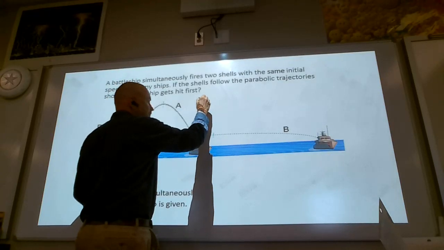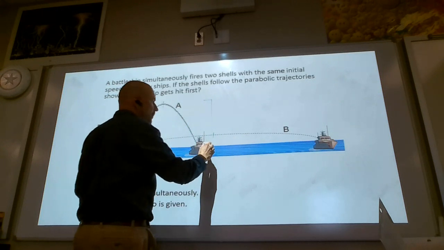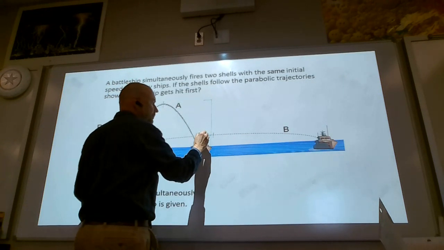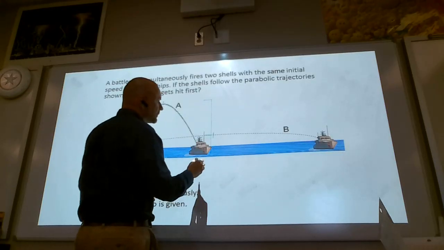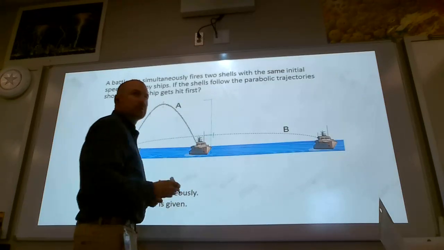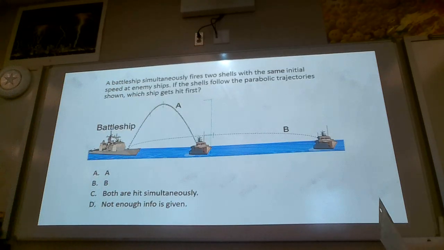Look at half of this. Pretend there are balconies or a building. And just look at half the flight, starting at the top.